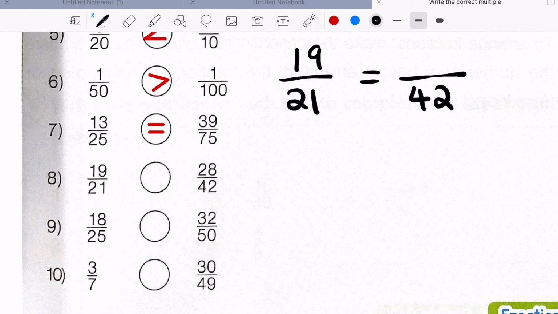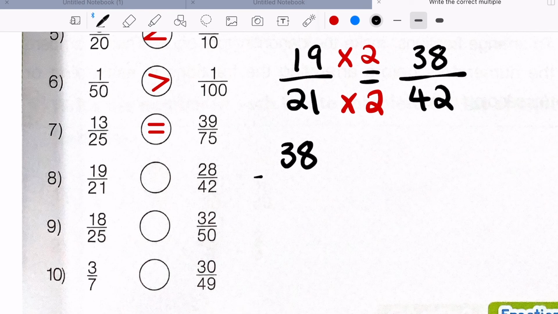What do we have to do? 21 times what equals 42? 21 times 2. So if we multiply the bottom, we have to multiply the top. So 19 times 2 is 38.